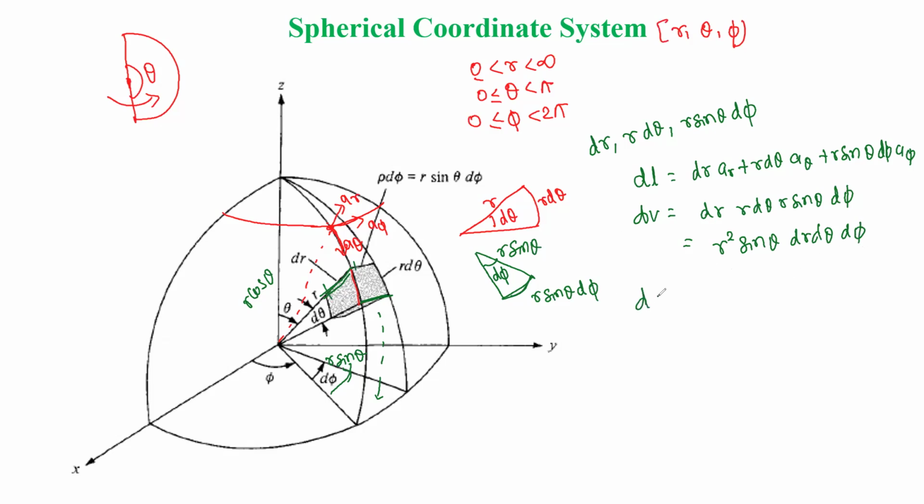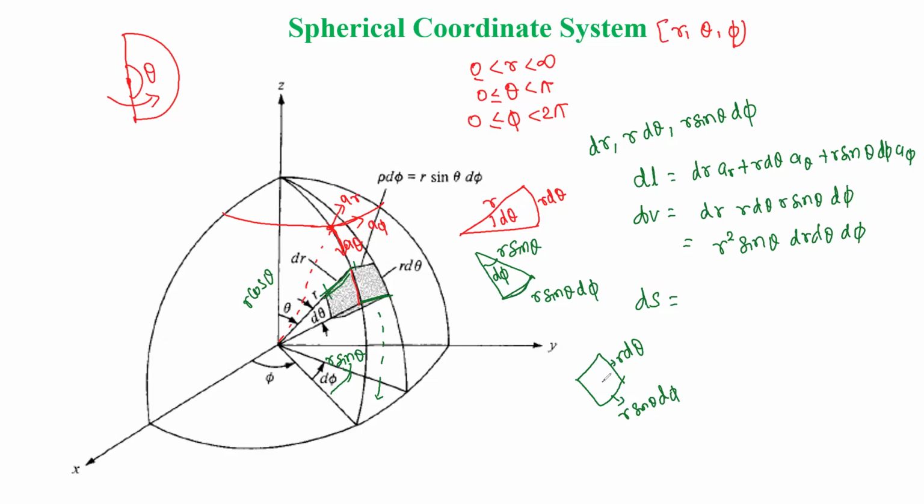Similarly, we can find the differential surface. So one example we are going to take for this case. This surface is like this. So this length is what? R sin theta d phi. This length is what? R d theta. So finally, the area vector is what?